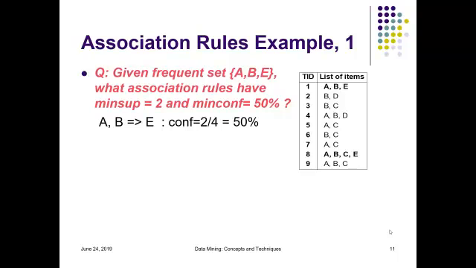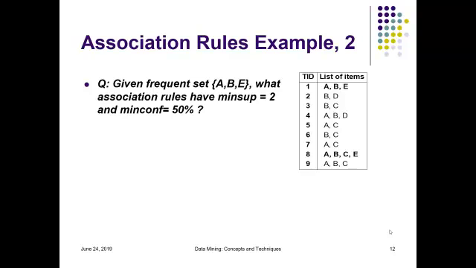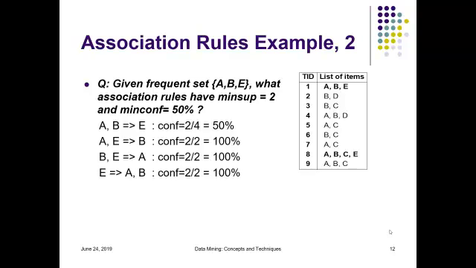Using the same way, we can determine the association rules with the minimum support of 2 and the confidence of 50% or above. When we check the association rules, we can see AB association with E, AE association with B, and the rest of the 2 association rules are qualified.